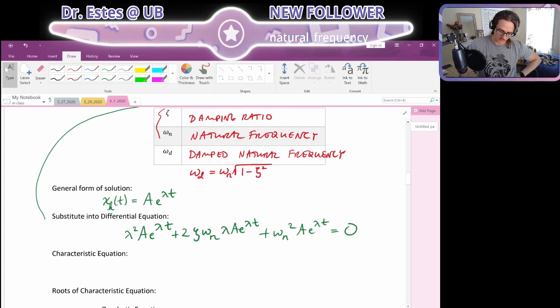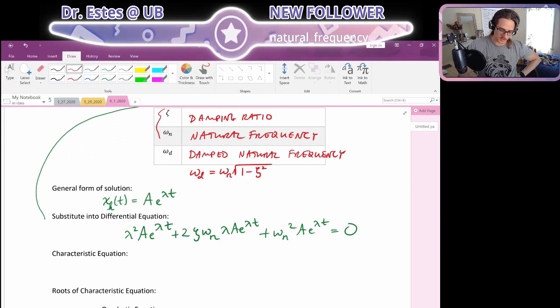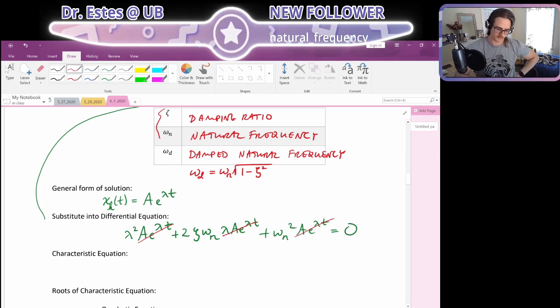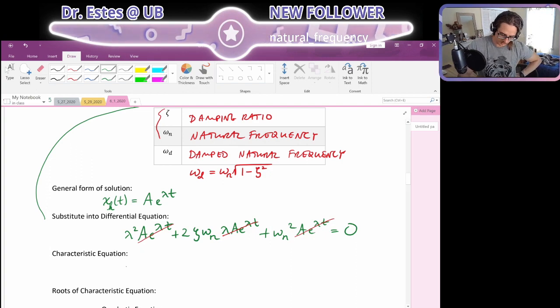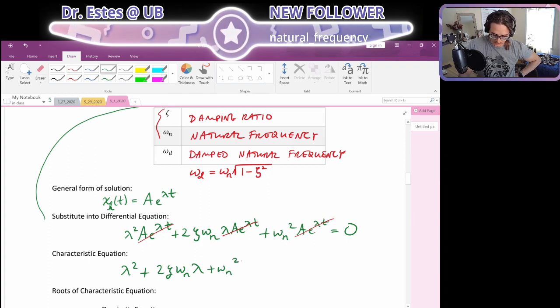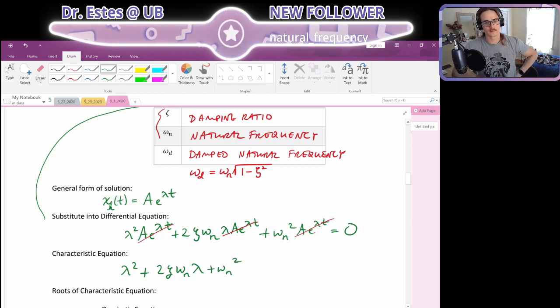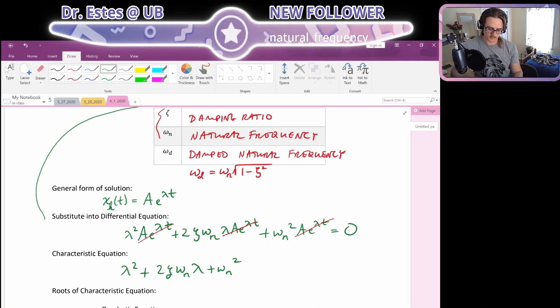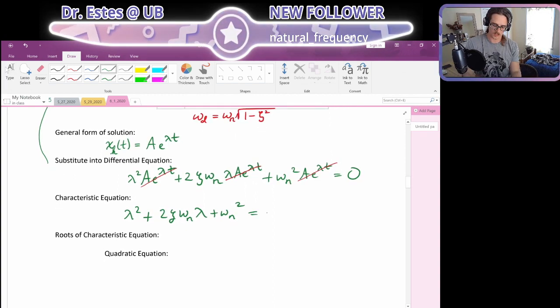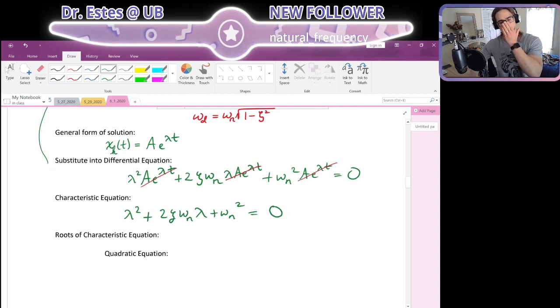Now, the characteristic equation is what's left when you divide out those common pieces. Lambda squared plus 2 zeta omega n lambda plus omega n squared. And don't forget equals 0.